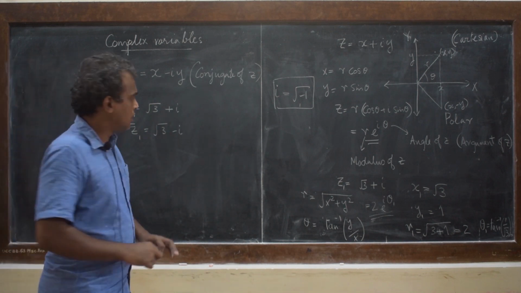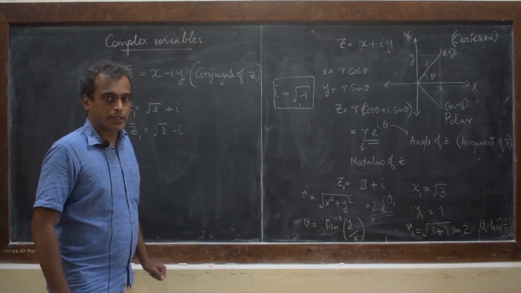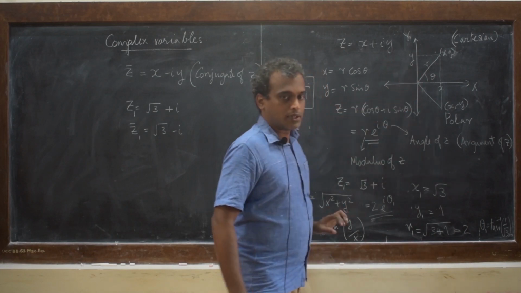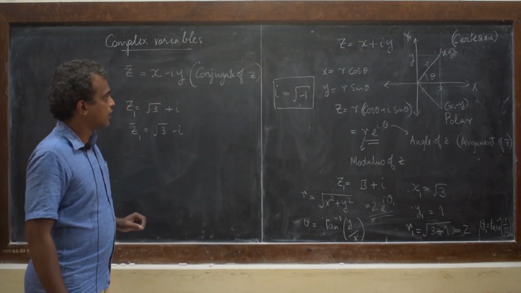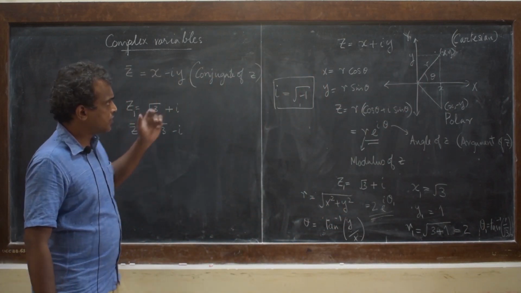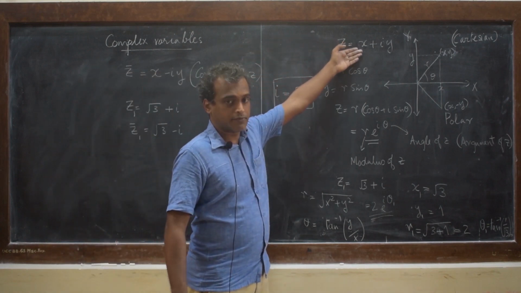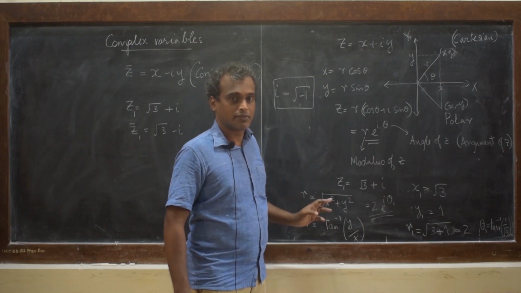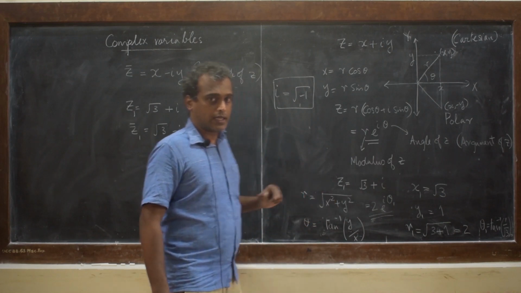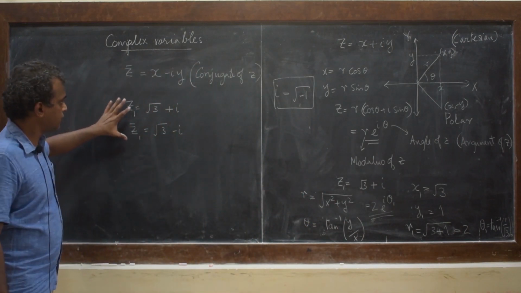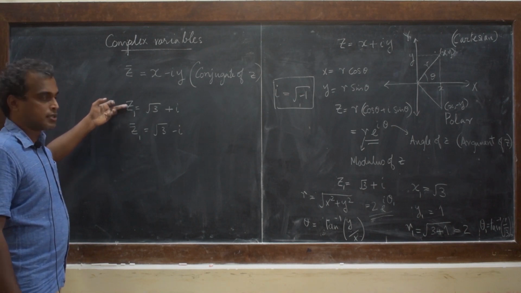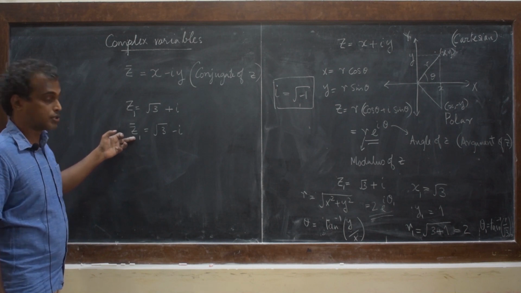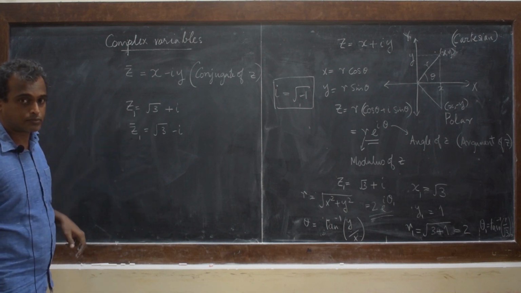Let us observe the following point: if I identify any arbitrary point on the plane, instead of writing it in the Cartesian form or in the polar form, I could also write the same in terms of this point z1 and its complex conjugate z1 bar.